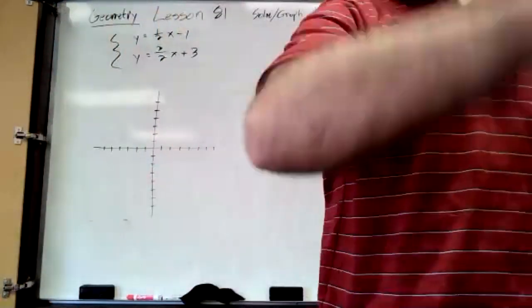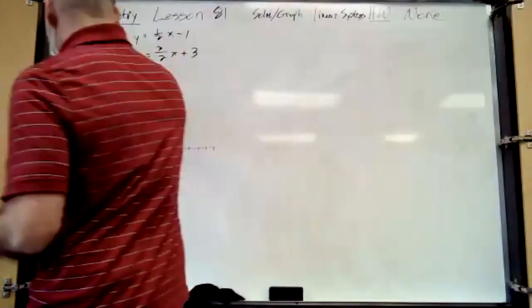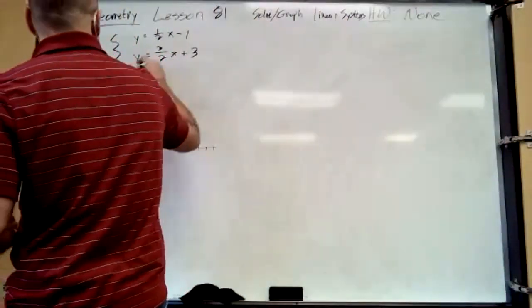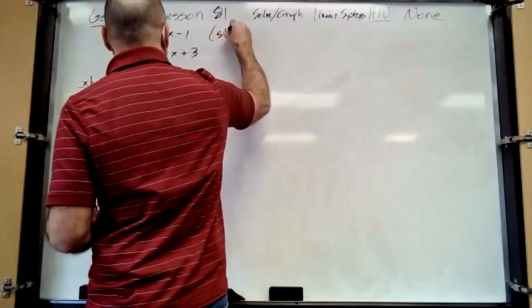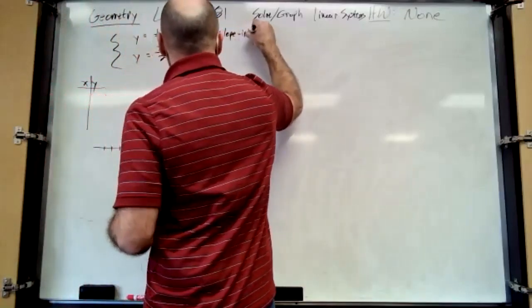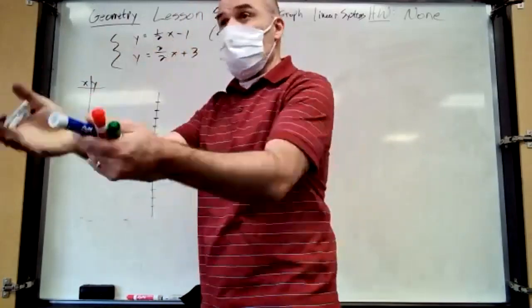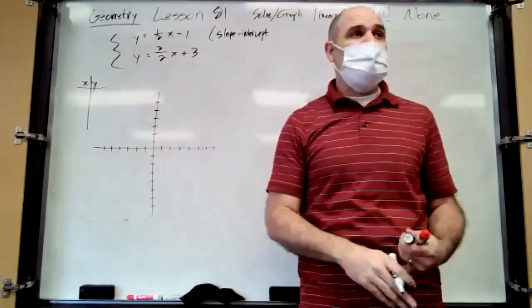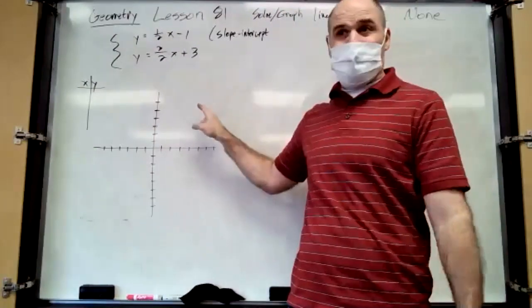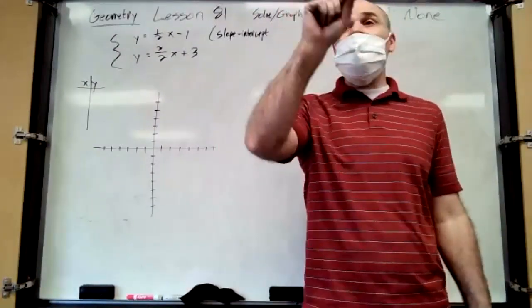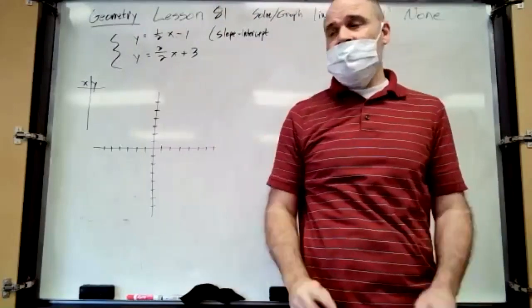Didn't you create a table for that? You could, yeah, you could create a table and do it that way, but it's already in slope-intercept form. So when y is by itself, that gives you the slope and it gives you the intercept. Because if you have a point to start and you have a direction to go, then you can draw the line, right?